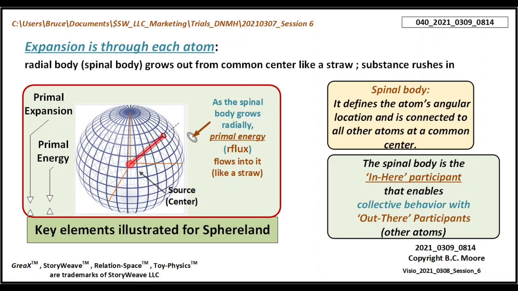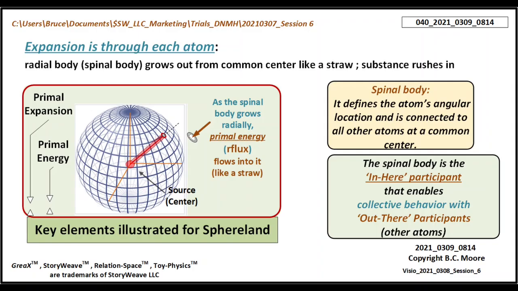Image 040 now illustrates that. You can see that around that axis we've made a little tube, and as the atom expands, that tube grows out and gets larger, a larger radius, and primal energy, which we call R flux, relational flux. Flux is just a normal term that's historically used for something you don't really understand.